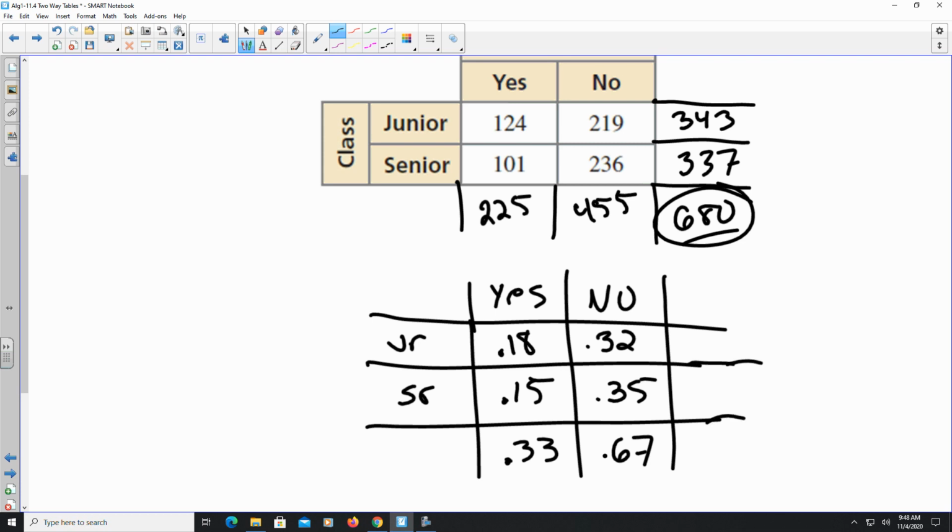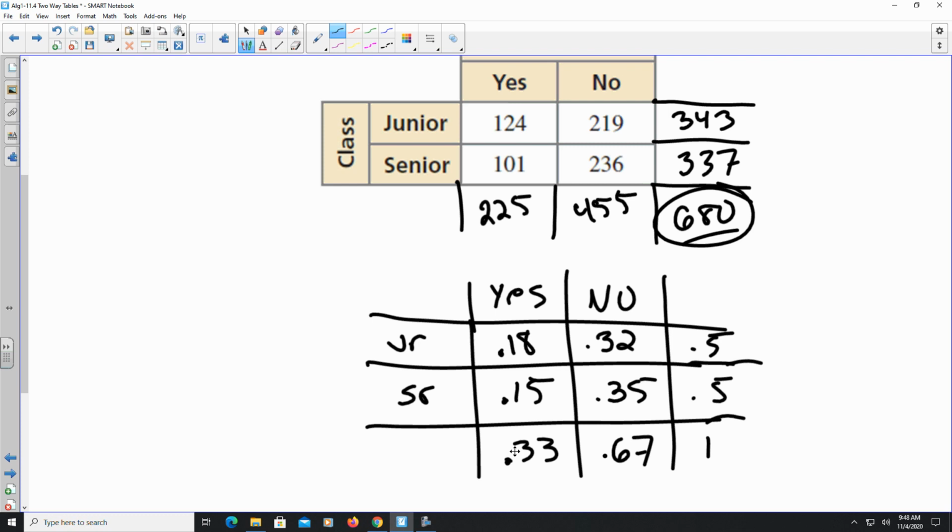So 0.33 plus 0.67 adds up to 1. That's good. 0.18 plus 0.32 is 0.5, and 0.15 plus 0.35 is equal to 0.5 as well, and 0.5 plus 0.5 is 1. So you have to make sure the sum of the marginal relative frequencies in these totals for the rows and columns add up to 1, which they do.